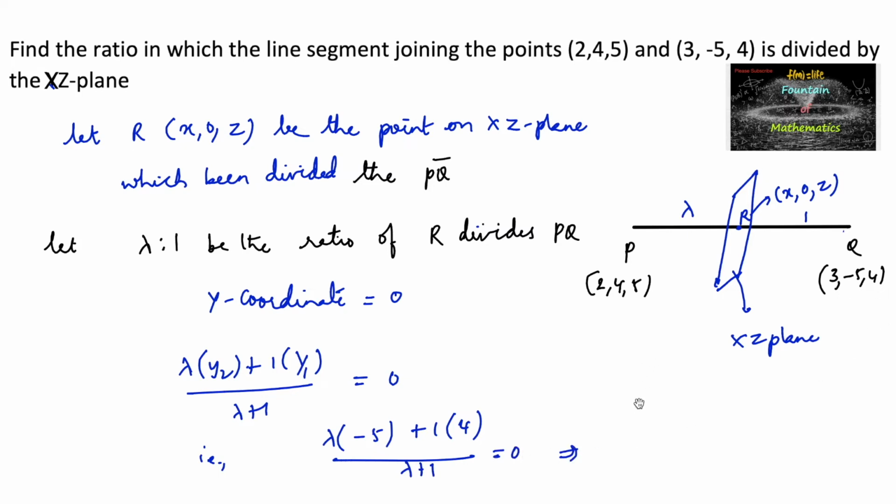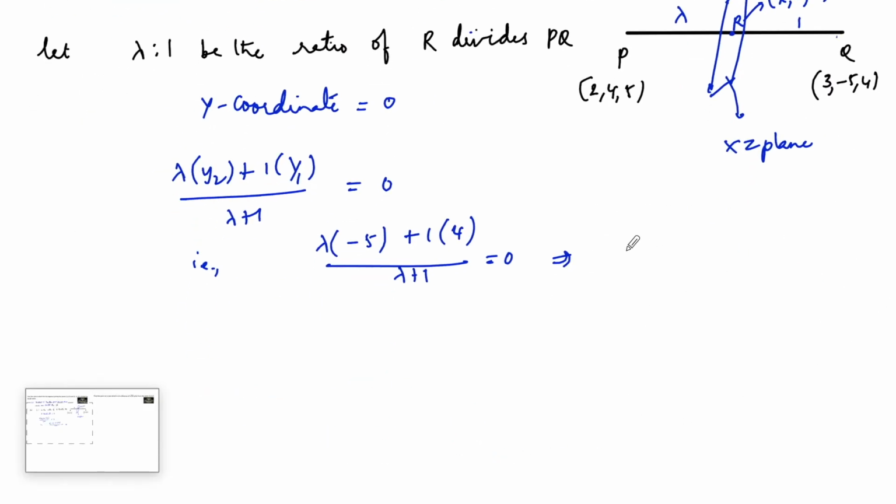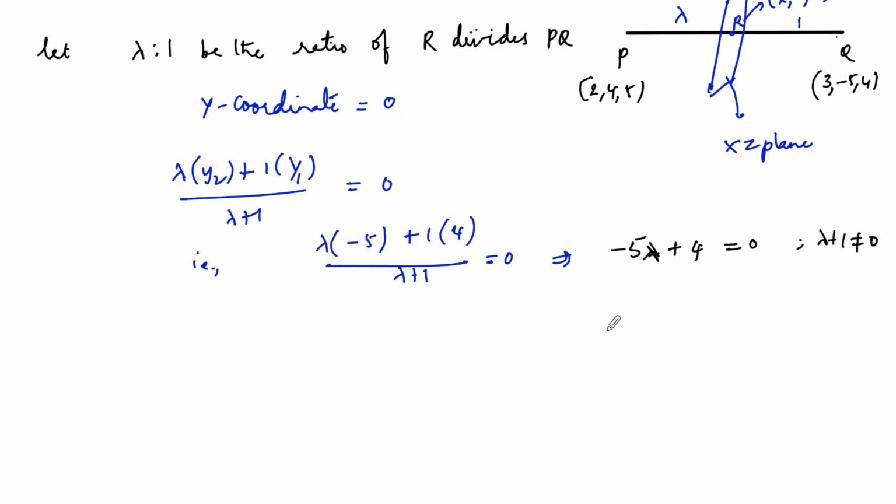Which implies minus 5 lambda plus 4 is equal to 0, since the denominator lambda plus 1 cannot be 0, so we consider the numerator 0. So 5 lambda is equal to 4, or lambda is equal to 4:5, which is positive.